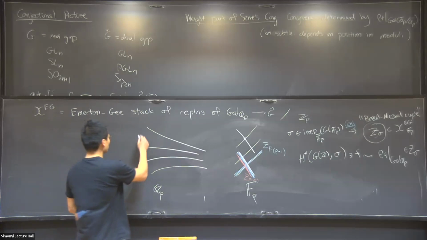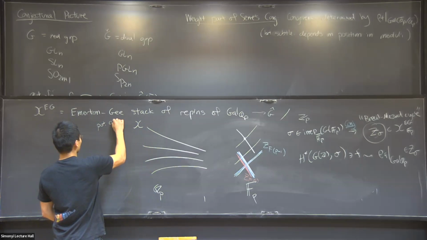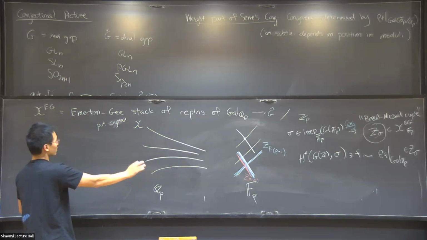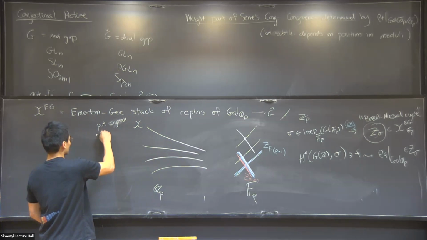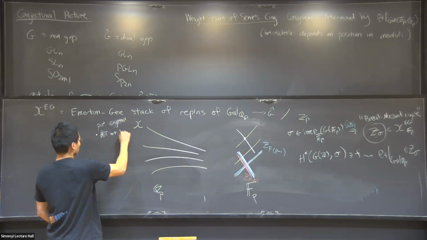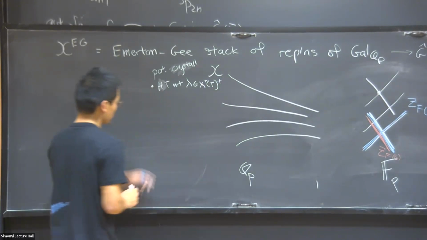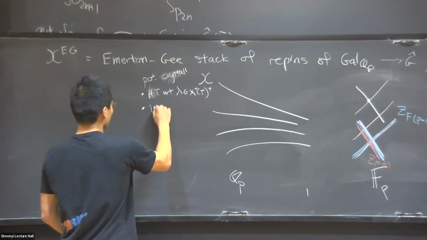For example, if you look at potentially crystalline loci, then there are invariants you can assign to it, such as the Hodge-Tate weight lambda, which will be, let's say, a dominant coweight, or a dominant weight, and then an inertial type.